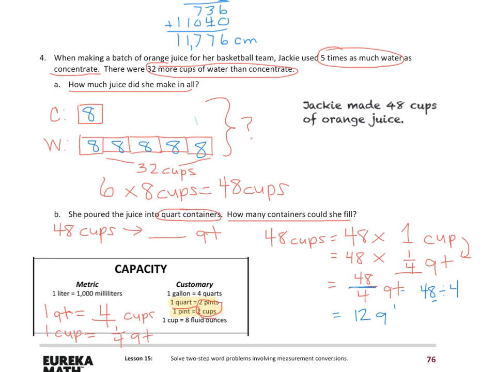So the answer is 12 quarts. And so now we can write our sentence out for this word problem. So your statement would be, Jackie could fill 12 quarts as your sentence.